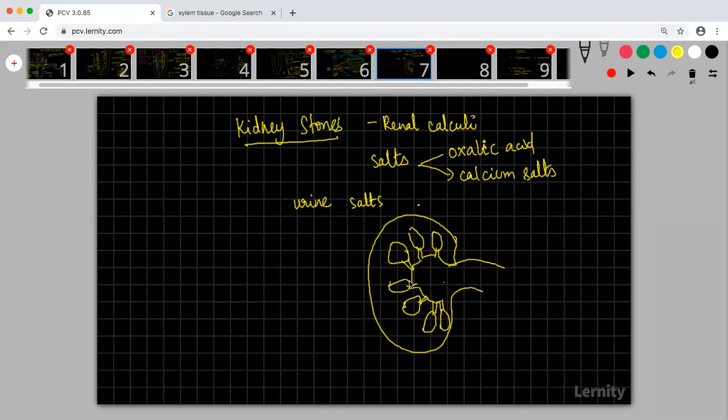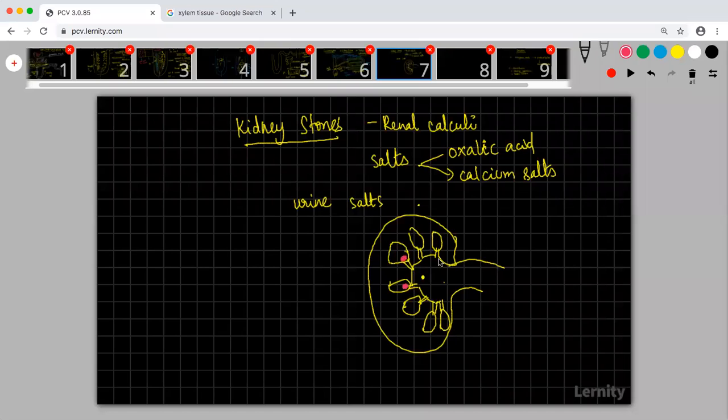Let us say some small stones are formed here and here. Like this, stones can form. This oxalic acid substance and calcium can create small stones.